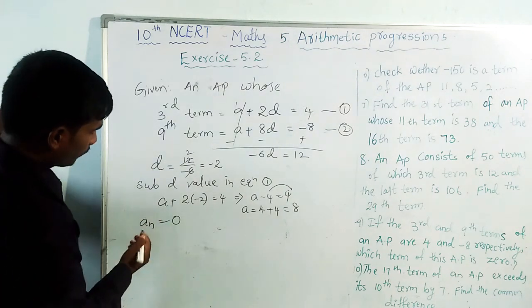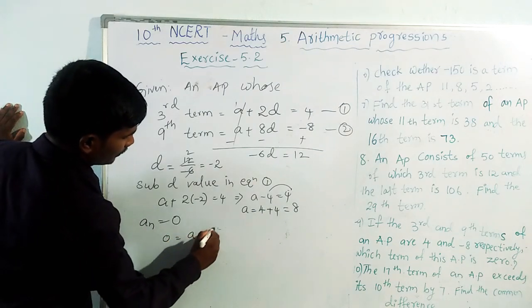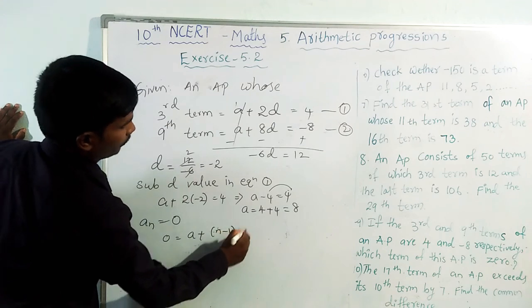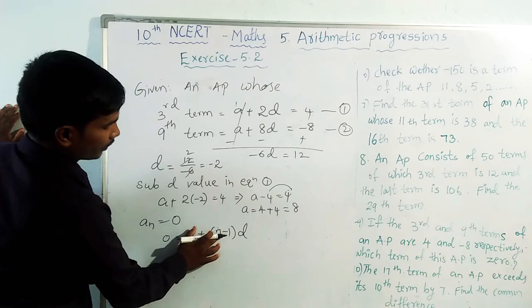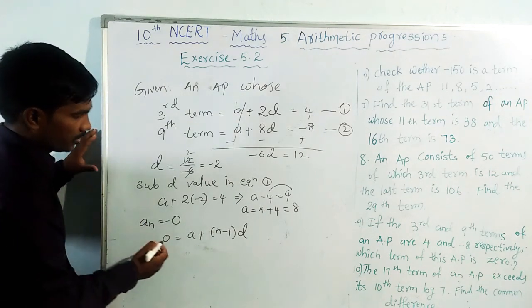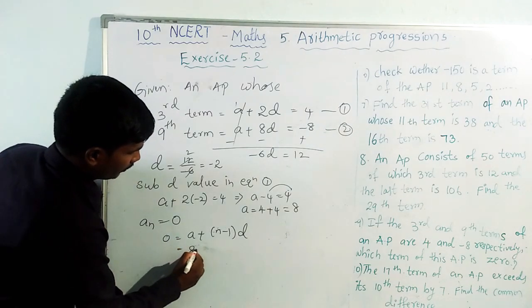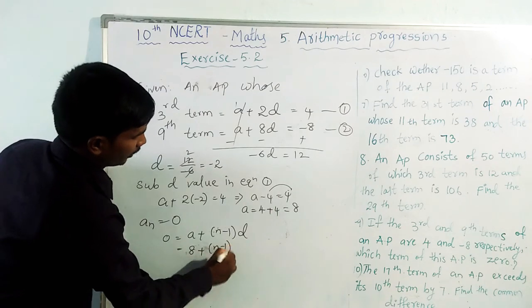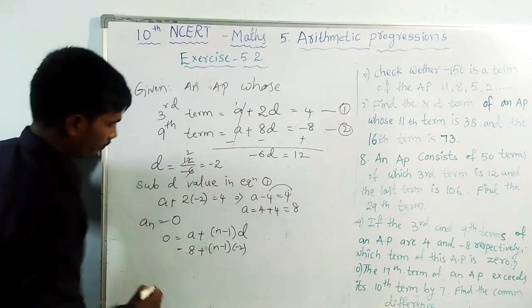Yes. Now 0 is equal to A plus n minus 1 into D. Yes, we have to find this n. So the nth term is 0. Which number of term? To find that, substitute the A value 8 plus n minus 1 into D value minus 2.